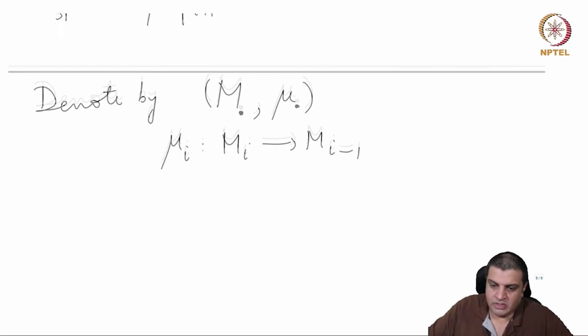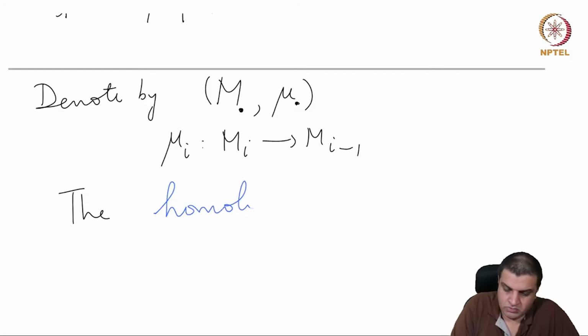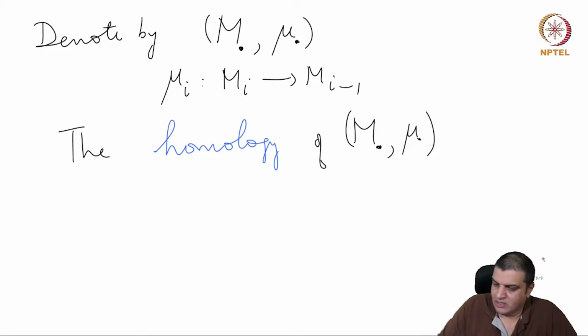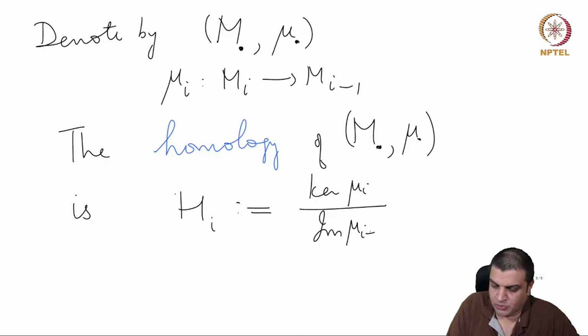Okay. So then the homology of M, again it depends on the maps, not just the modules, is H I, and this is for all I. H I is the kernel of mu I modulo the image of mu I plus 1.